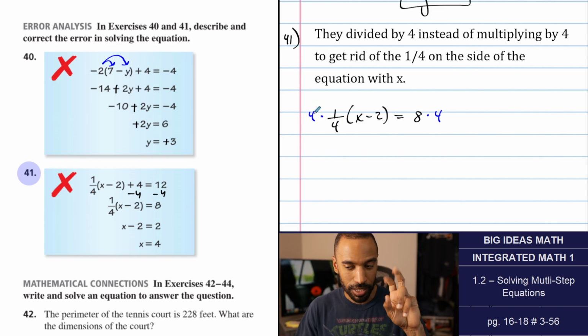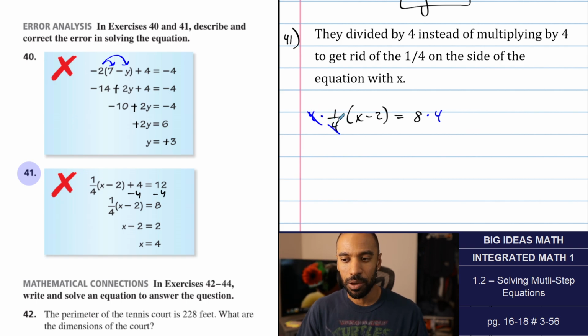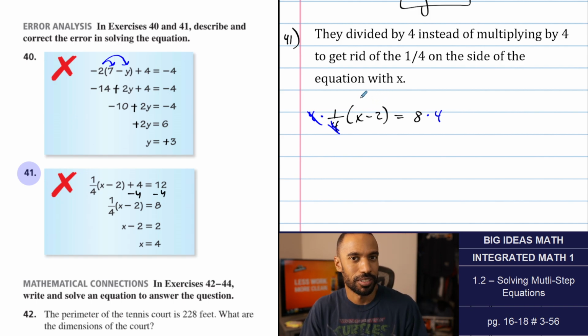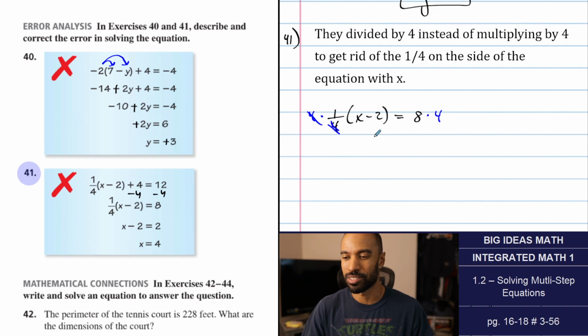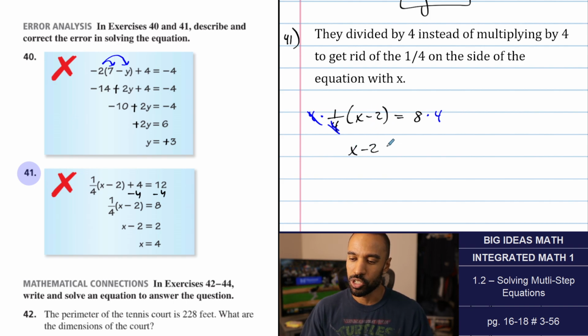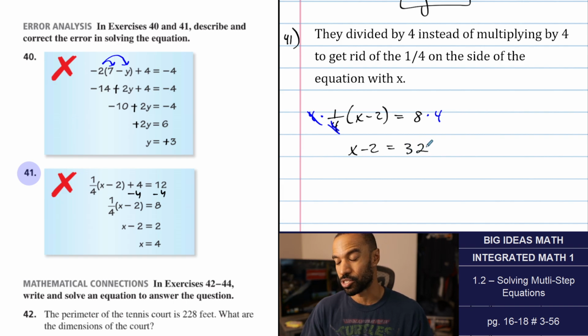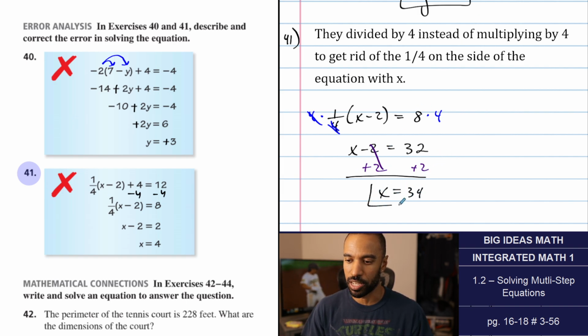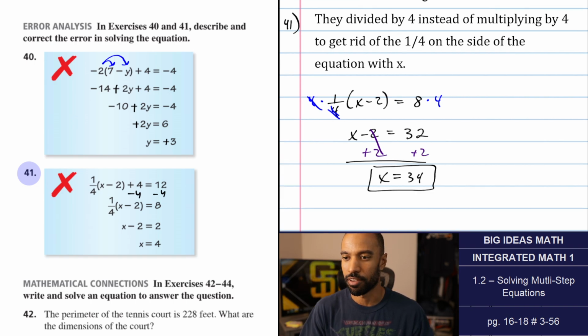But this cancels because 4 divided by 4 is 1. But that was 1/4 divided by 4. That's not 1. 0.25 divided by 4 is not 1, right? It's 0.0625. It's 1/16. This becomes x minus 2 equals 32, not 2. And you add 2 to both sides from there. We're going to get x equals 34. A far cry from the previous answer, so it was worth doing all the different stuff we have.